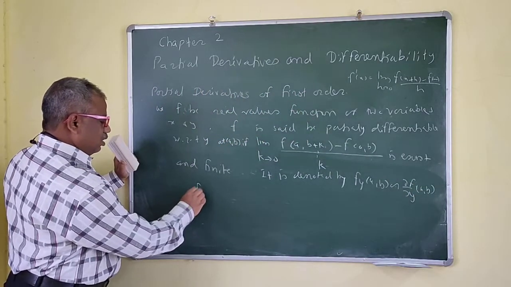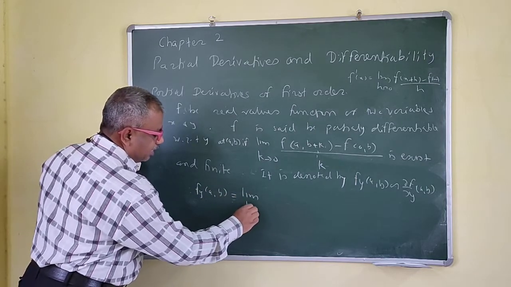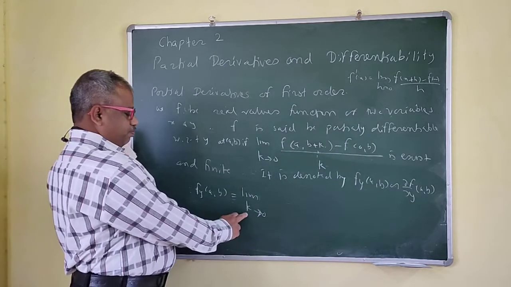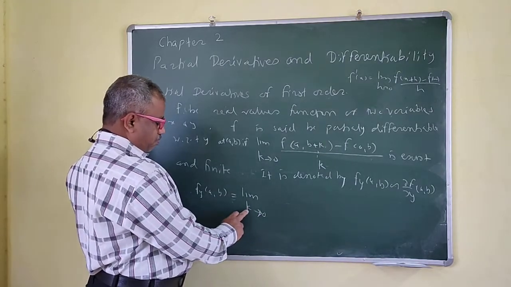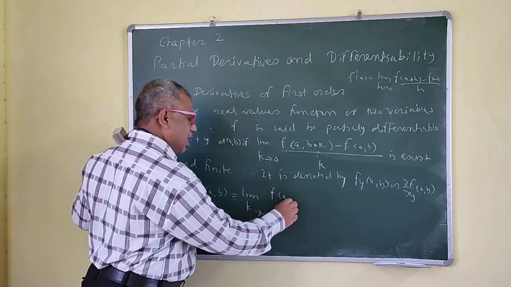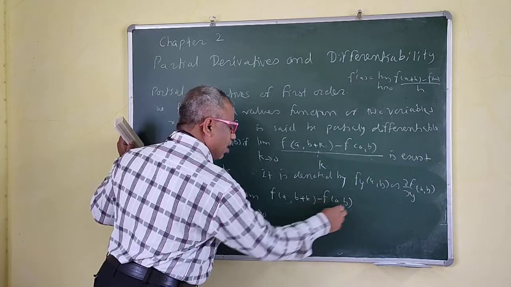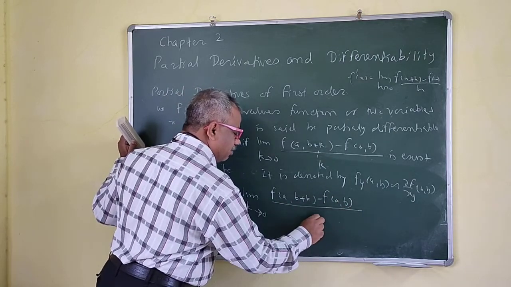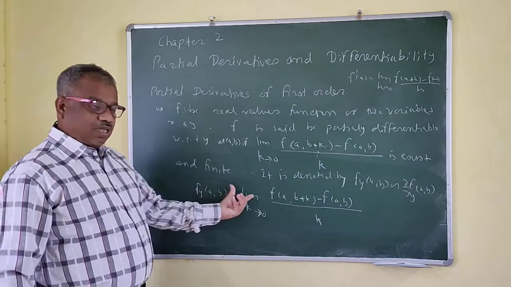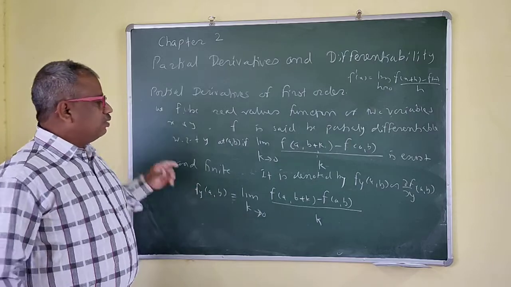Therefore fy at (a, b) is equal to the limit as k tends to 0, for y we will use the letter k, of [f(a, b + k) minus f(a, b)] upon k. So this is the partial derivative with respect to y at (a, b).